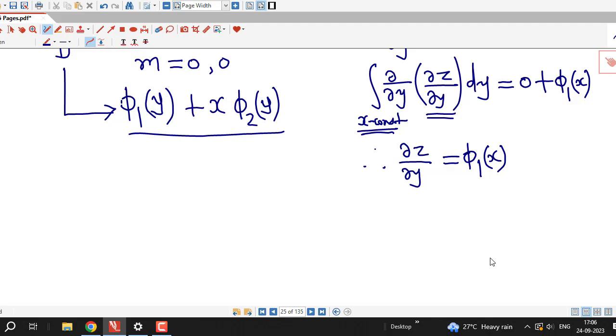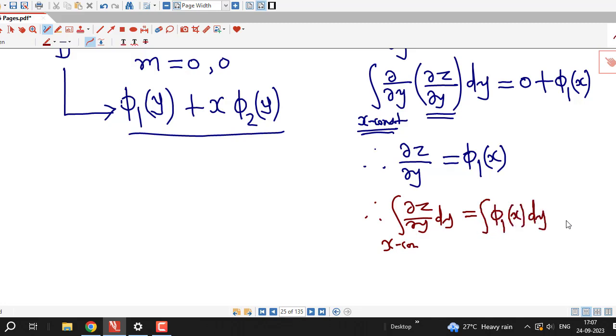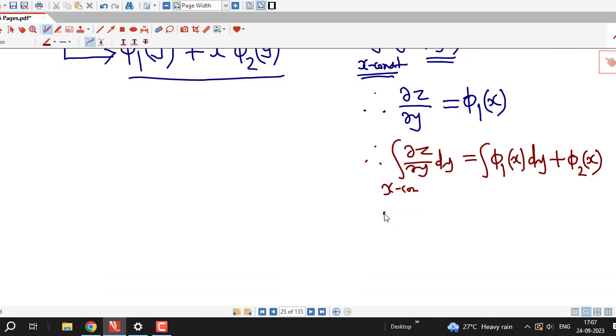And to obtain z, again I have to integrate both sides with respect to y, and again I consider x as constant. So integral of phi 1 x with respect to y plus an arbitrary constant, that is also going to be another function of x denoted by phi 2 x. What is the integral here? z.